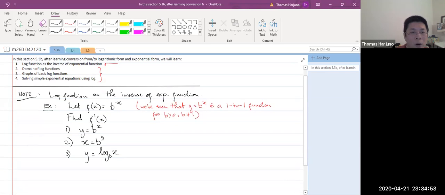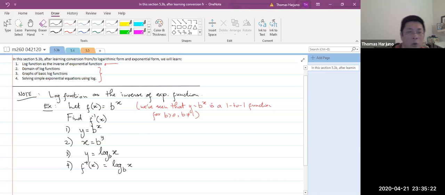And therefore, step 4, our inverse function is f inverse of x equals log base b of x. Okay, so yes, the log function is the inverse of the exponential function.